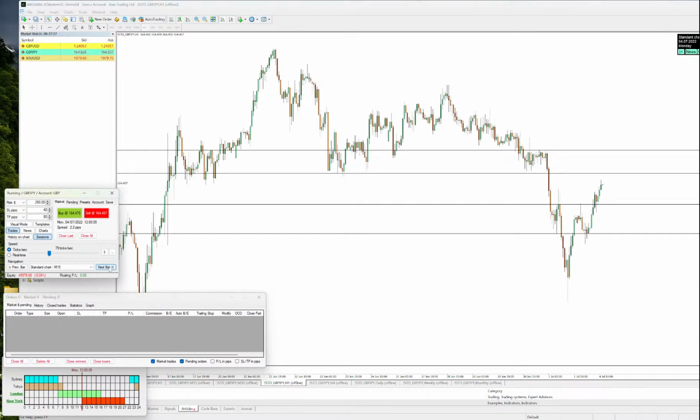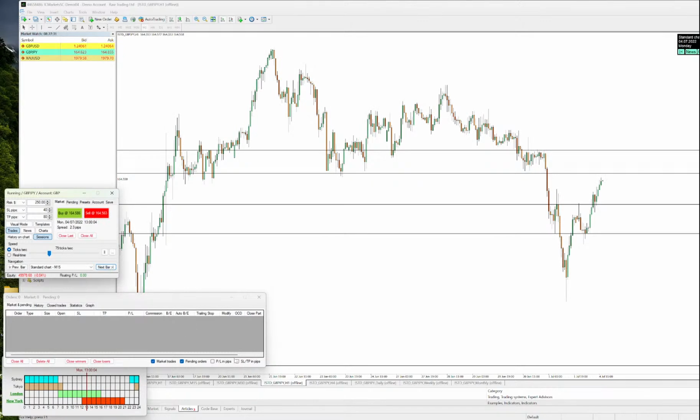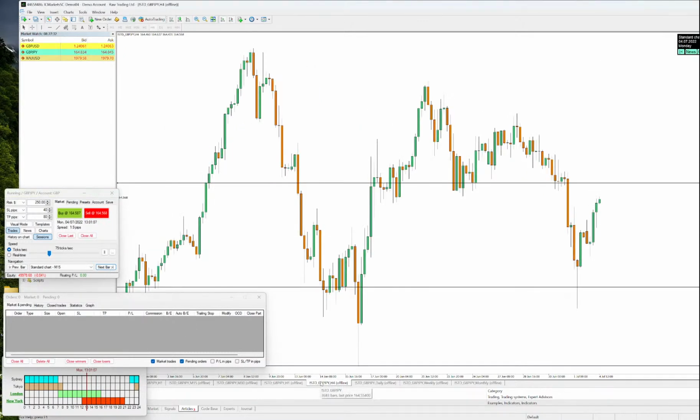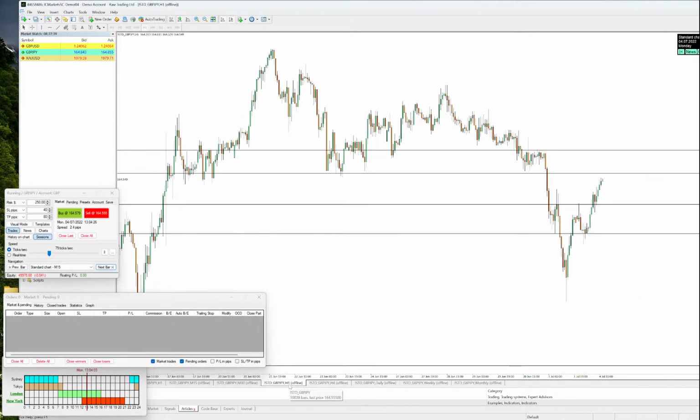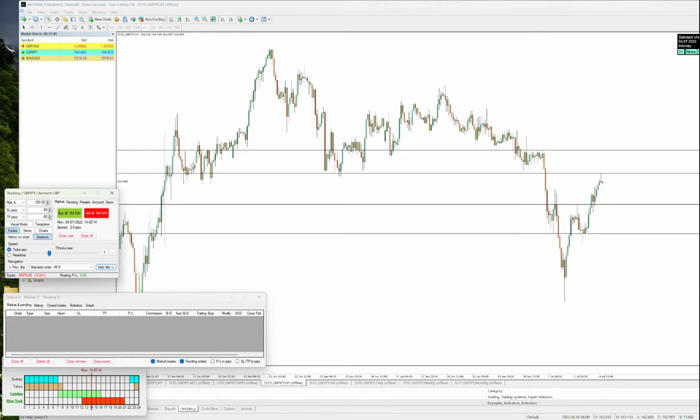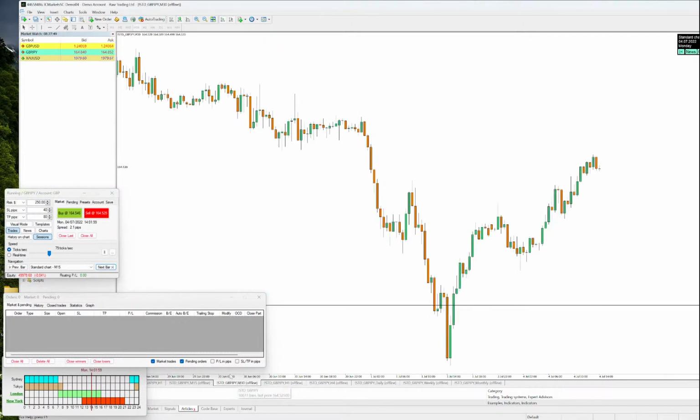So let me just move this, move this, move this, and then see the 4 hour. The 4 hour closed very nicely. The daily is closing up very nicely. And now we get a 1 hour bearish closure finally.